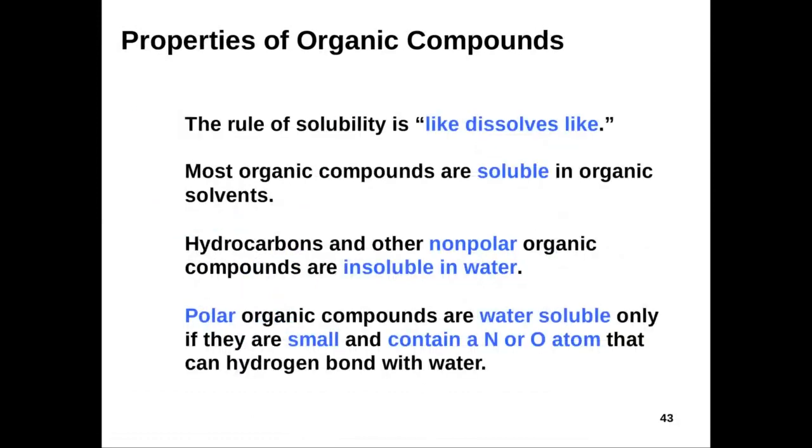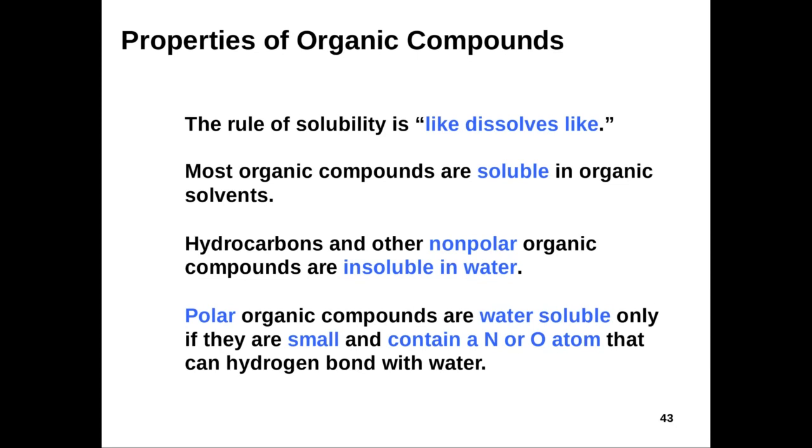So just a couple other things as we sort of push towards the end here. Now, we have some important properties to discuss of our organic compounds. Now, we talked about solubility in Principles of Chemistry 1, but the general rule for solubility is like dissolves like. So things that have similar properties will dissolve other things that have similar properties as well.